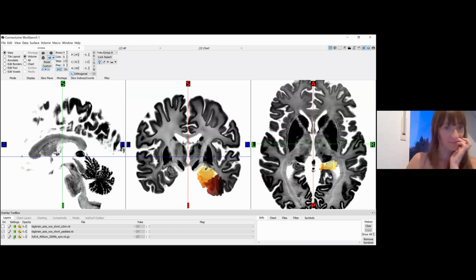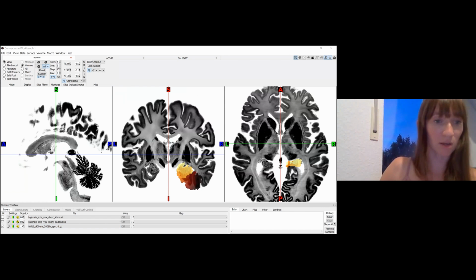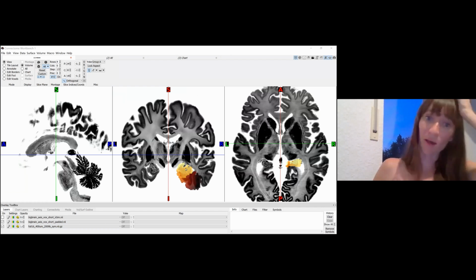Okay, let's see. But yeah, feel free to ask questions if there are any. Okay, so here I'm also just viewing with Workbench View, which is an HCP style thing. And so here you have BigBrain Sim. Here I've just loaded the 400 micron version so that my computer doesn't overload.